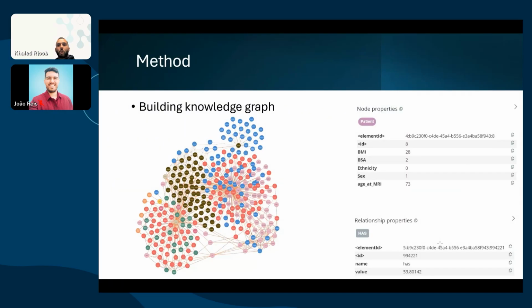So each patient node has the demographics, including the body mass index, BMI, the body surface area, BSA, ethnicity, sex, and age at MRI. And also on the relationship between the patient and the CMR features, we have properties, and those properties hold the values of the CMR features that are linked to the patients.